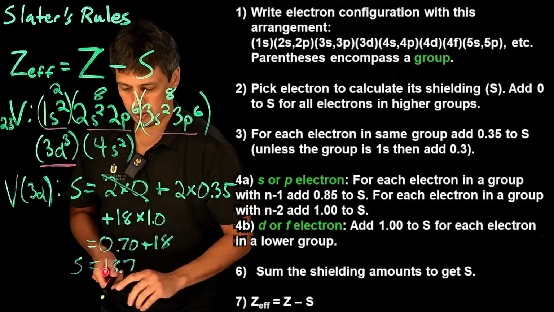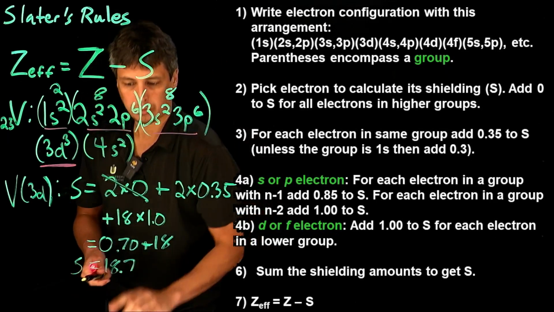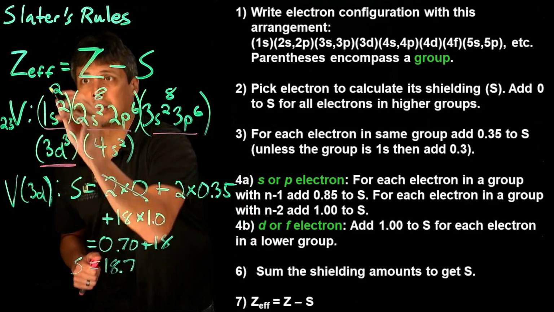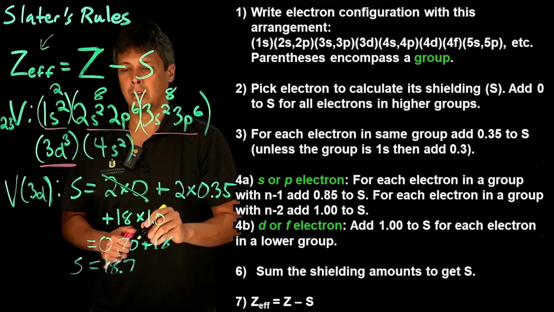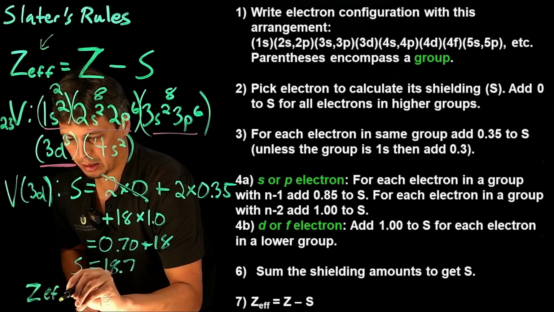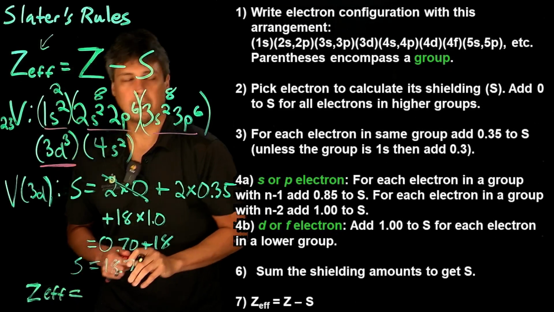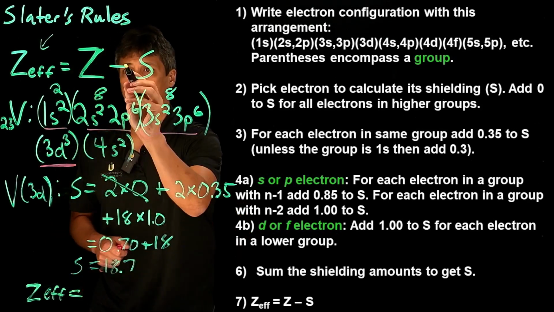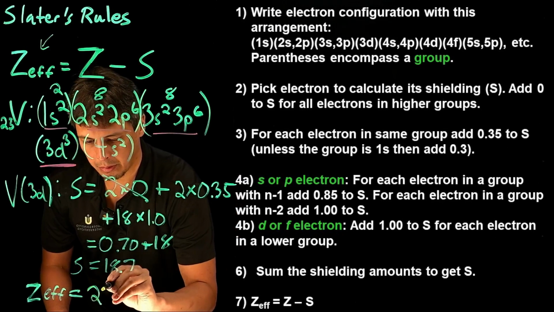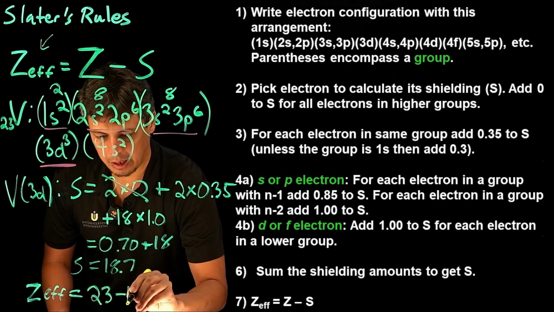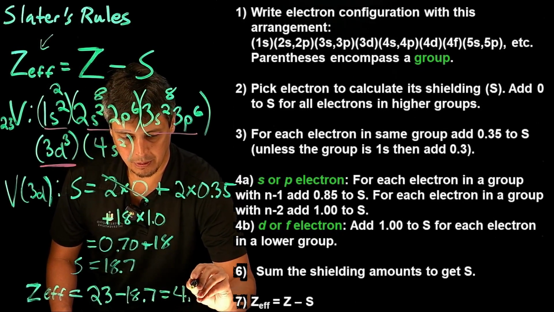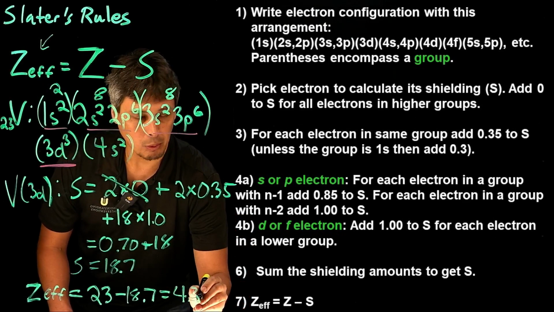And then to calculate Z effective on this d electron, we plug into this equation here, where Z effective is equal to Z. And again, we said that Z is going to be equal to 23, minus 18.7. And so that's going to give us an effective nuclear charge of 4.3.